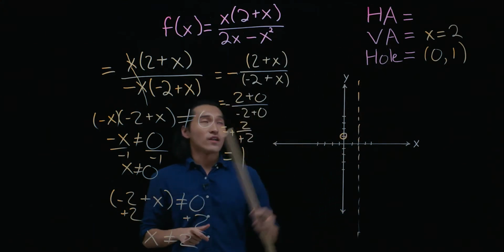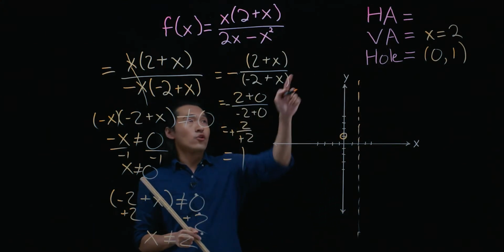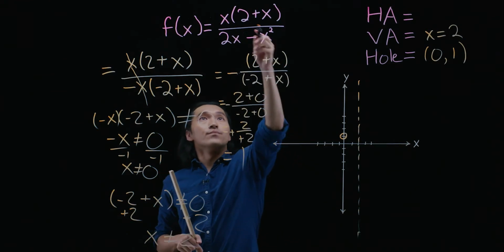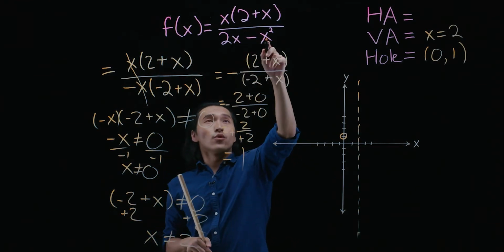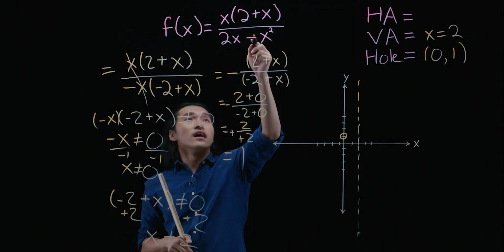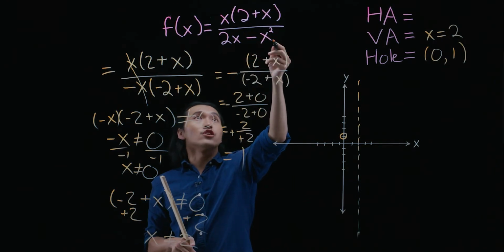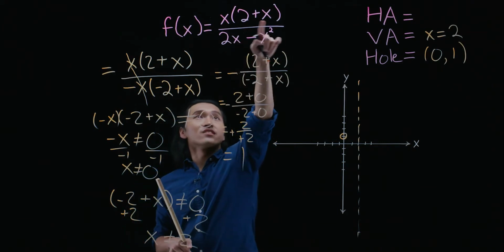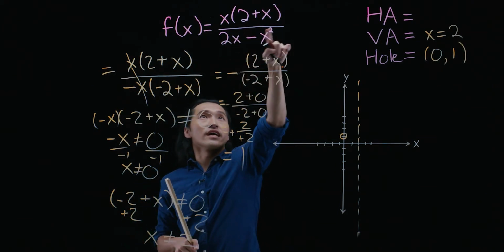And then meanwhile, how do we find the horizontal asymptote? Well, to find the horizontal asymptote, remember, we have to look at the top of the fraction and the bottom of the fraction, where we have the greatest degrees, where we have the biggest term. So on top, we have an x squared here, and here we have an x squared, right?